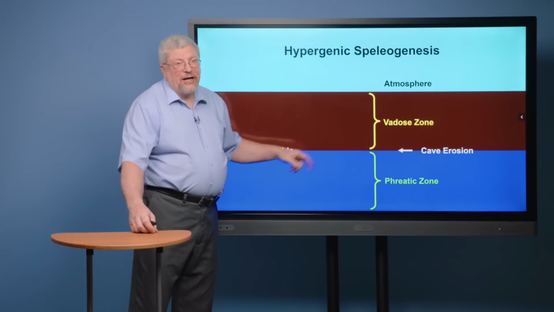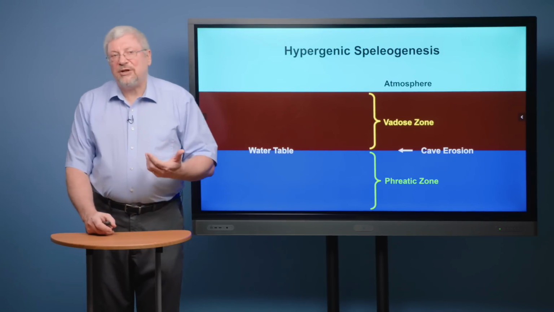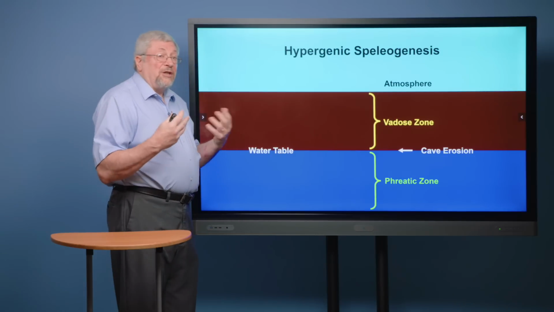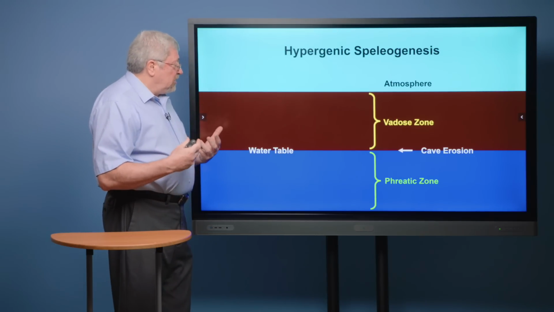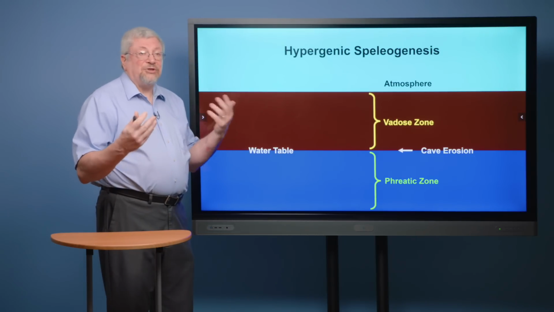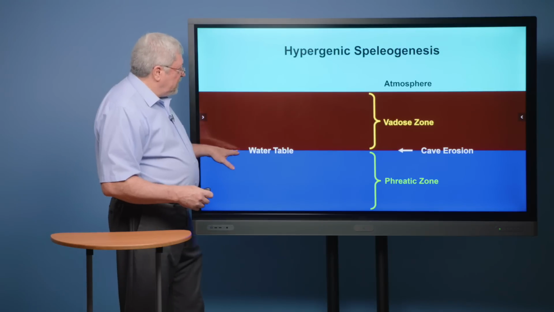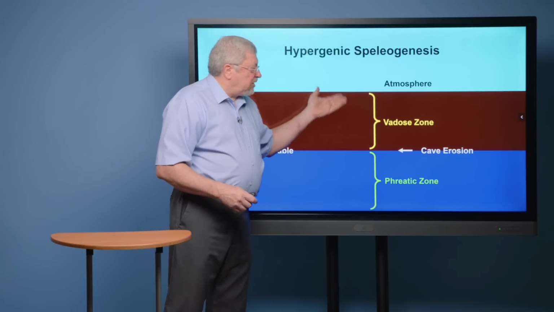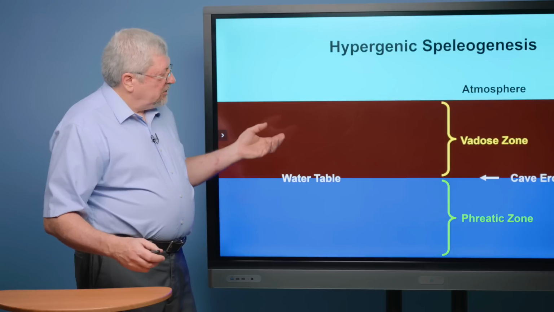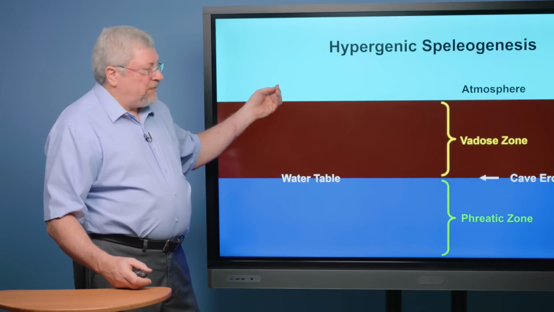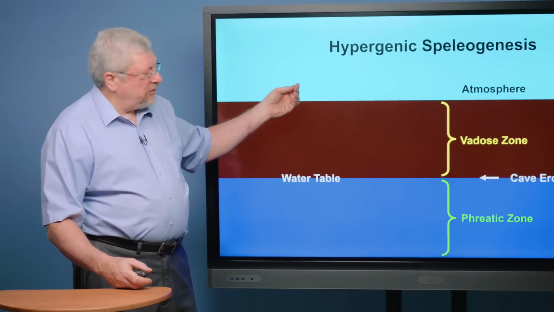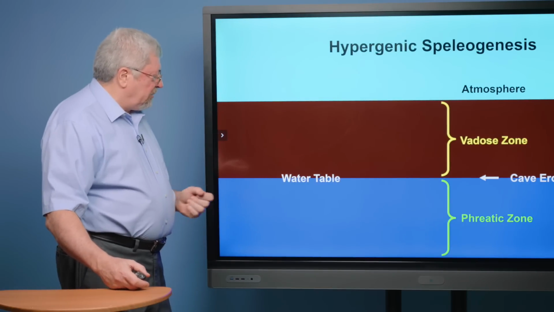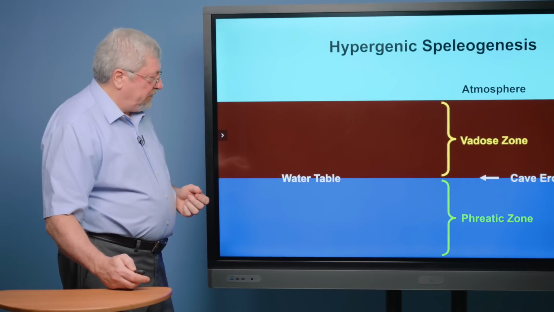Those chemical reactions are typically thought to be responsible for the erosion, the dissolution of, in particular, carbonate rocks like limestone and dolomite. So in hypergenic speleogenesis, cave erosion is a very gradual process that occurs as a very dilute acid from the surface erodes limestone at the water table.